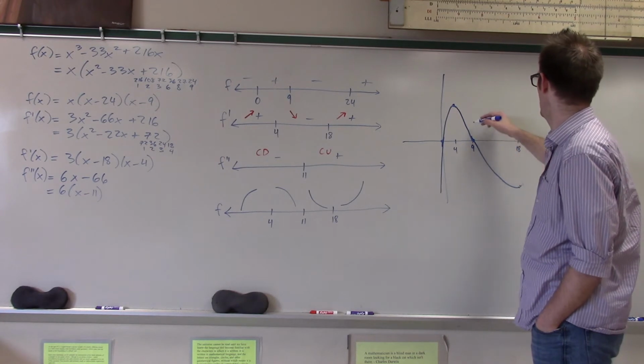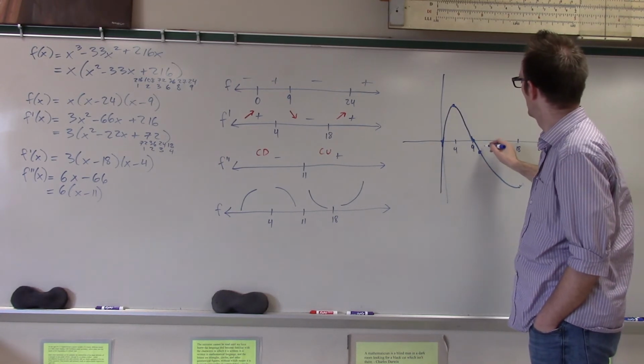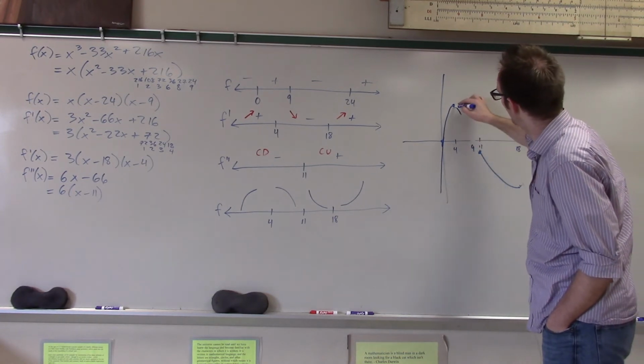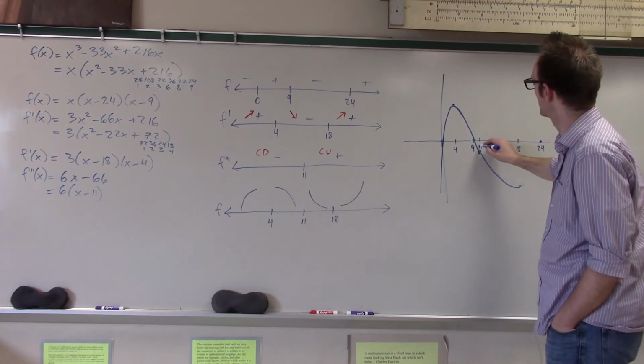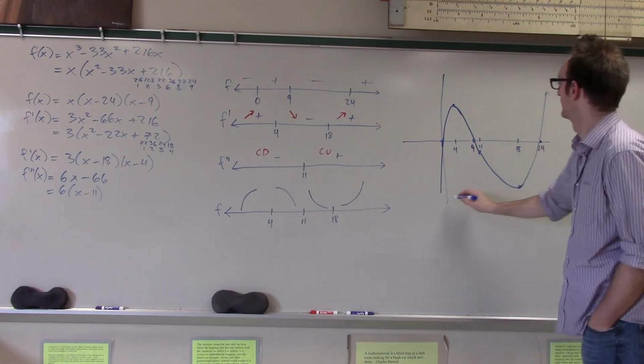So it's right here or something at this point 11 when the concavity of my function changes, something like that, and then back up again.